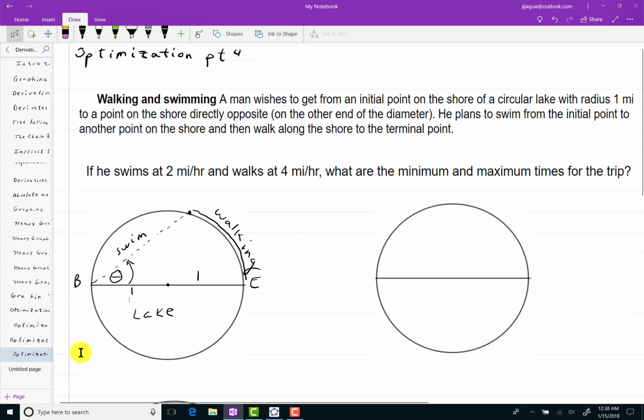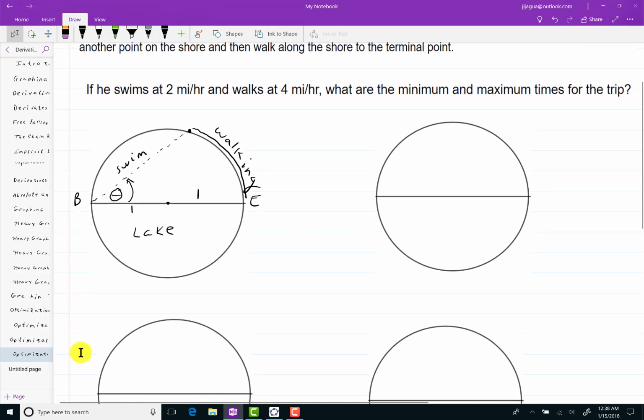So here's what we have then. If theta equals 0, that means he swam the whole time. So I'll say swim only, and if theta equals pi over 2, 90 degrees, that means he'll start straight up, which means he'll walk only.